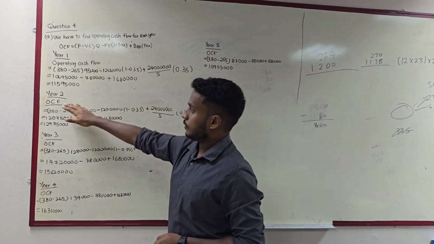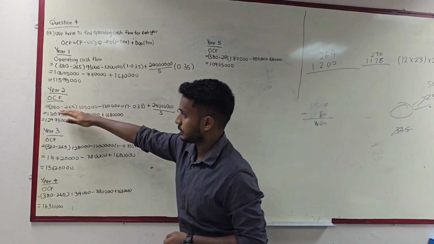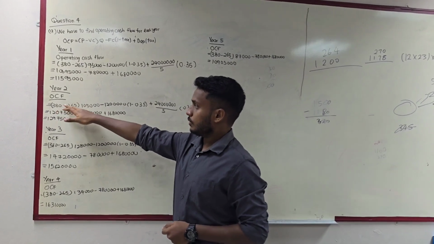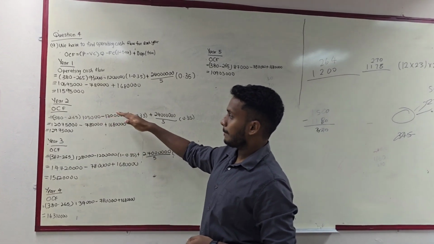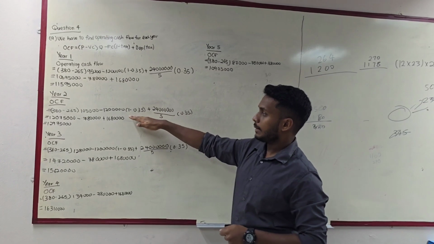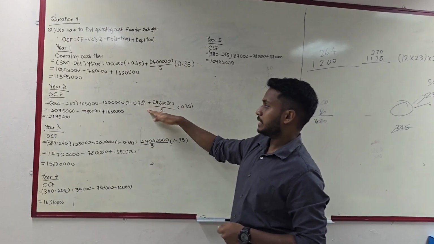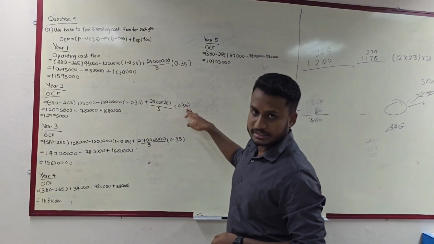When we move to the second year and calculate the OCF, we will get 380 minus 265 times 105000 minus 120000 times (1 minus 0.35), plus 2400000 divided by 5 times 0.35.